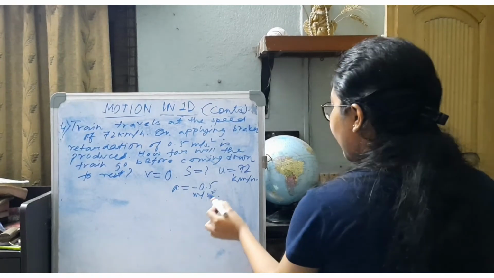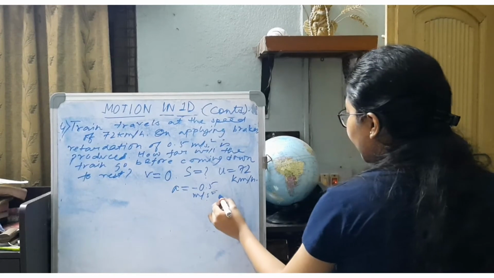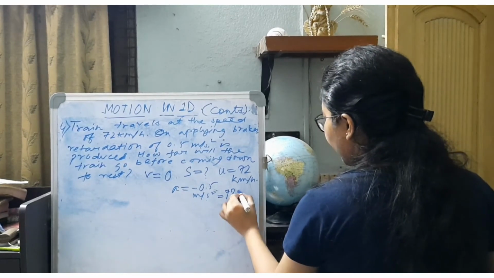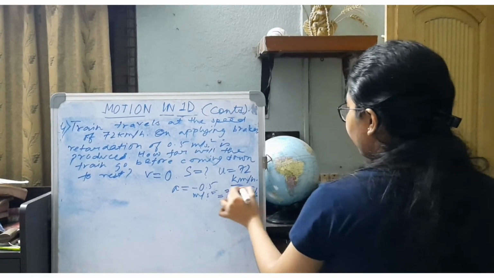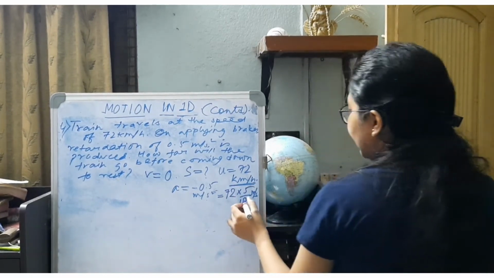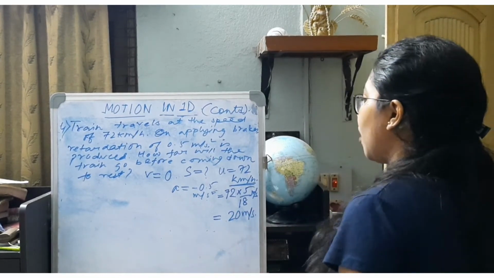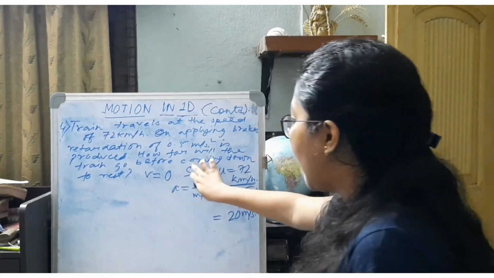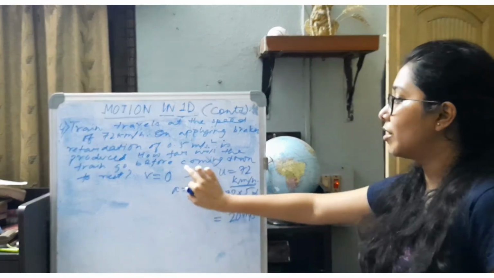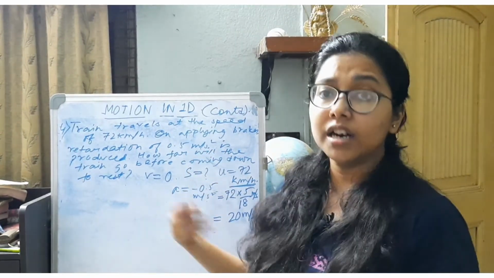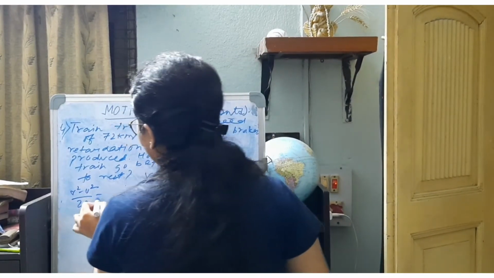Now u and acceleration are in different units. So if I convert u into meter per second, I have to multiply this with 5 by 18, then this value becomes 20 meter per second. Now u, a and v are given, we have to find the value of s. So this can only be used with the third equation, which is v square minus u square by 2a is equal to s.